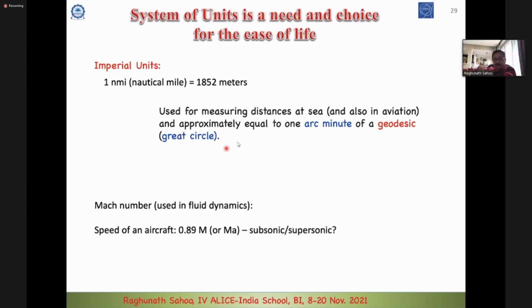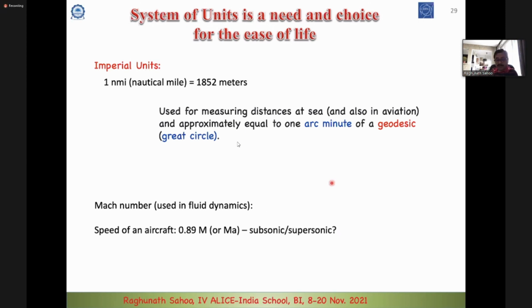So which domain of science you are talking about matters a lot, and for us, natural units make more sense. Similarly, on the same flight I saw the speed of the aircraft was 0.89 Mach. I knew Mach, because we know Mach is the speed of sound in air, and depending upon that you can say the aircraft is either subsonic or supersonic. For your knowledge, this Mach number is used more frequently in fluid dynamics.